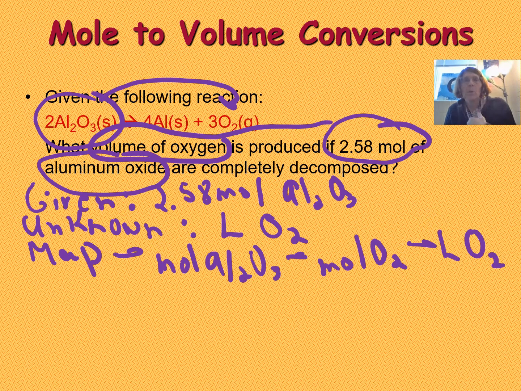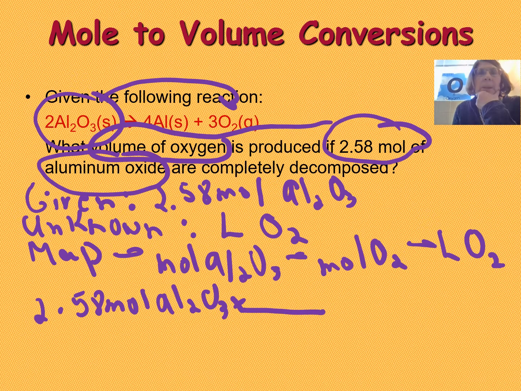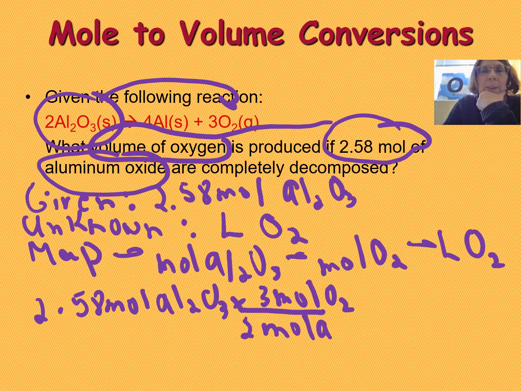So if we're going to do a mole problem first, we're in the middle of your map. So we're going to start with the 2.58 moles of aluminum oxide. The moles of what I want goes on top. So we want oxygen, so that goes on top. And then moles of aluminum oxide goes on the bottom.